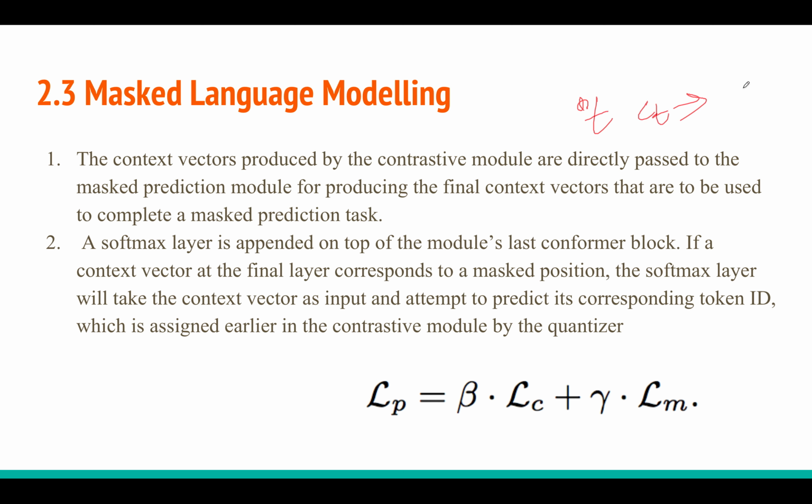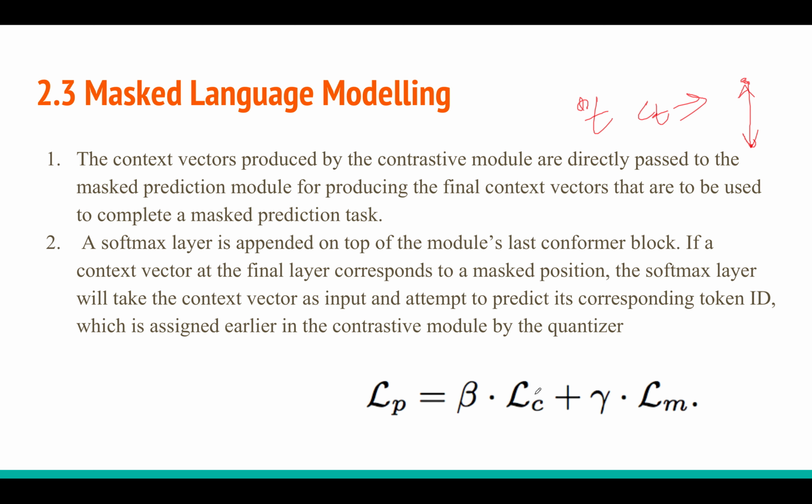You feed it to a softmax classifier and predict the target probability distribution. Given that, you simply use a cross entropy loss, which is very simple, right? You have the probability distribution and you have the ground truth token. You can simply get the loss.